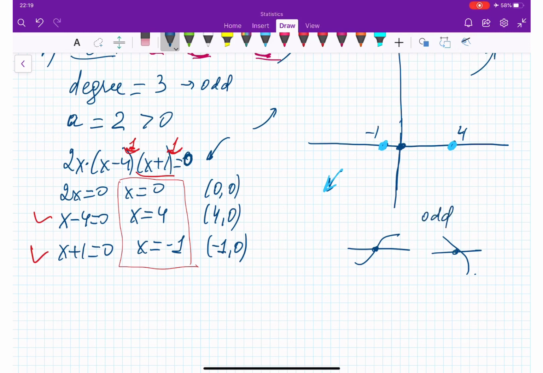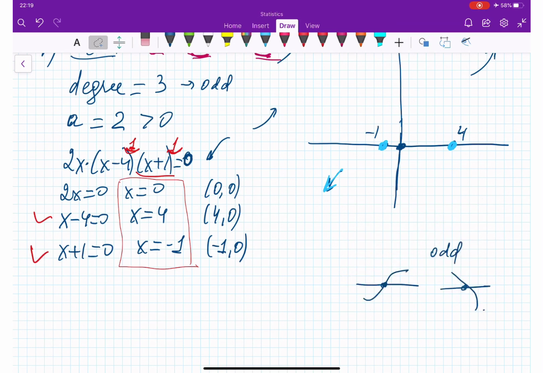These numbers we call multiplicity. Let me rewrite it: multiplicity.